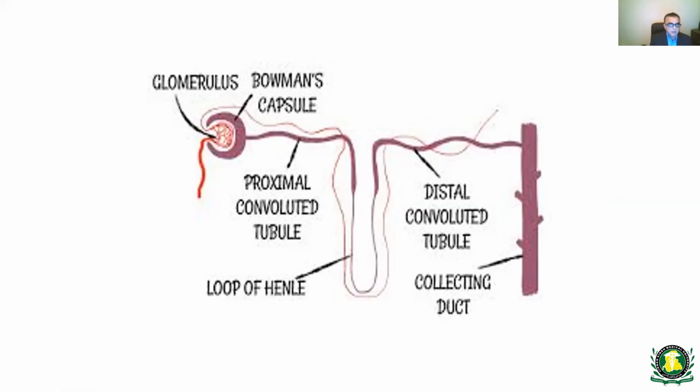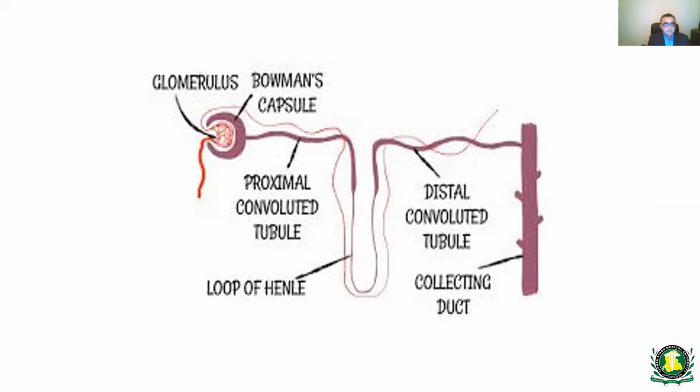MDRD is modification of diet in renal disease. And it's a little different in African American and non-African American population, as there's a general consensus that African American population have more muscle mass, hence more creatinine, and their creatinine stays a little high.